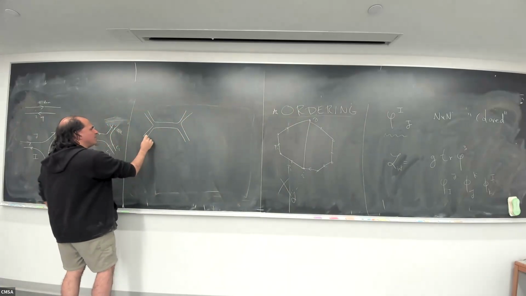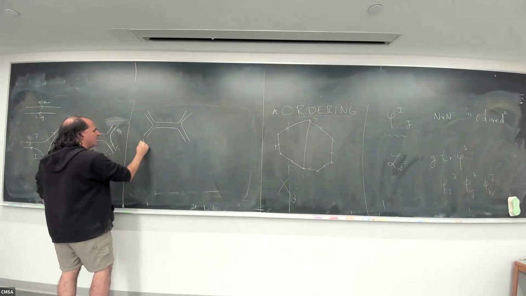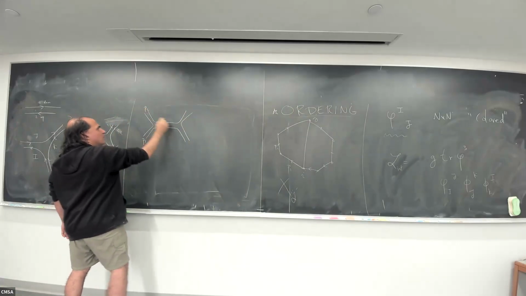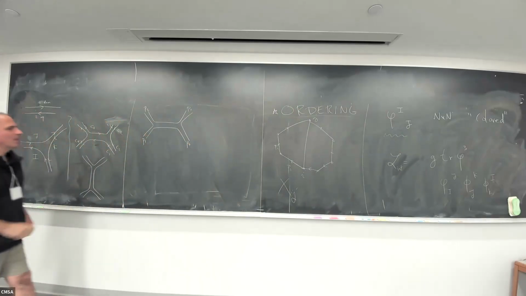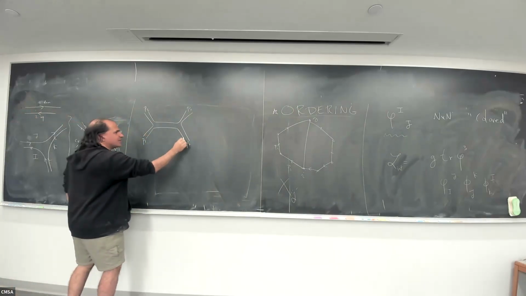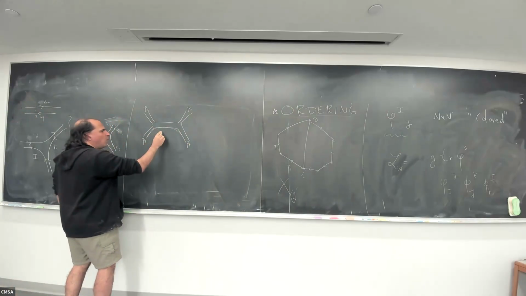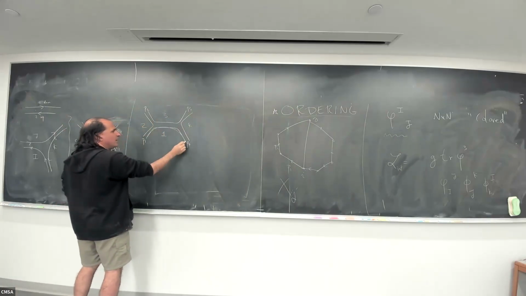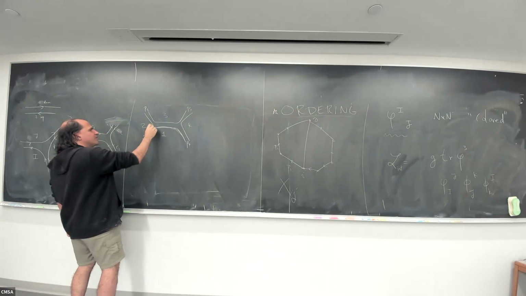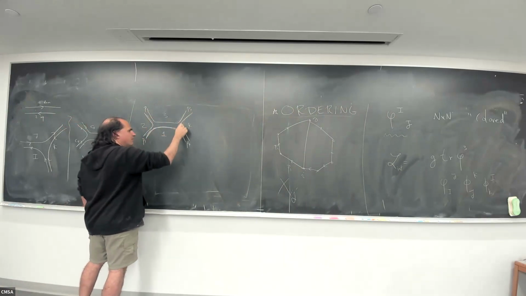I'm going to call this momentum 1, momentum 2, momentum 3, and momentum 4. And again, this color line I'm going to call color 1. So I'll put a 1 here, and a 2 here, a 3 here, and a 4 here. That just tells me this is color 1, this is color 2, color 3, and color 4.